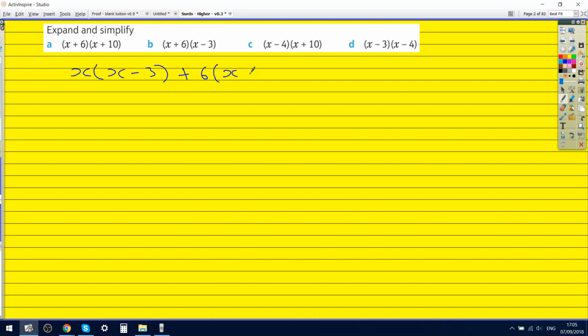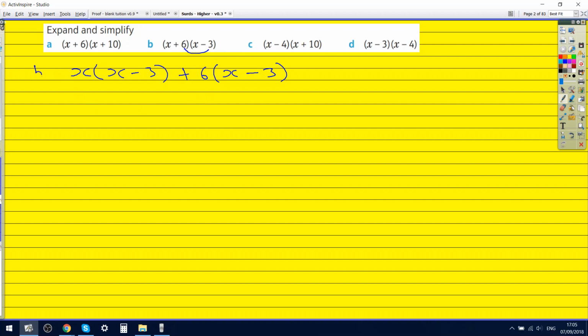I'm not sure what you do for that next bit. So 6 is in the first bracket, so it's 6 times the second one, 6 times x minus 3. Okay, so you can see how it's first term times second bracket, second term times second bracket. 6 isn't in the same bracket as x minus 3, so it's 6 times x minus 3.